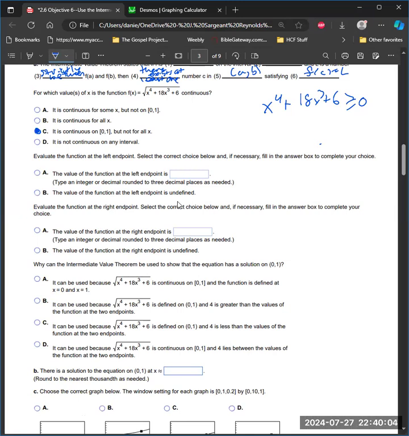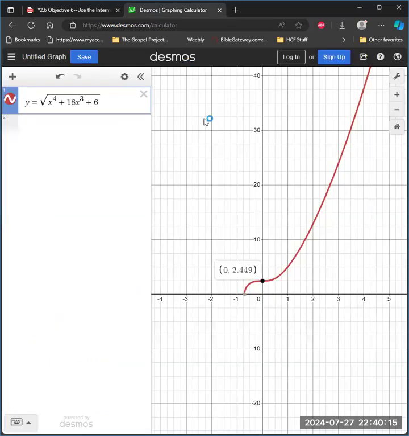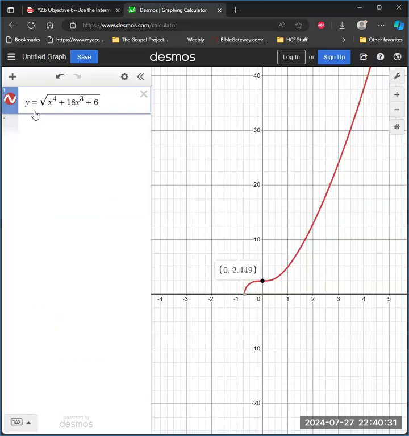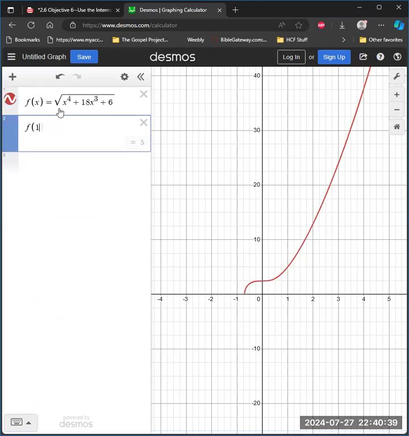So at 0, that's going to be the square root of 6, which is 2.449, an approximation to 3 decimal places. For the right endpoint, which is at 1, f of 1 is going to be 5.